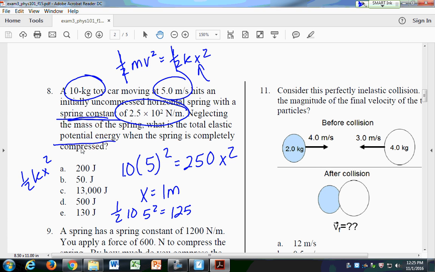Y'all see what I did there? I don't know the x for this, so I say, well, my kinetic energy, 1/2 mv squared, is equal to the total energy in the system. Okay? Y'all clear with me? Good? Great.